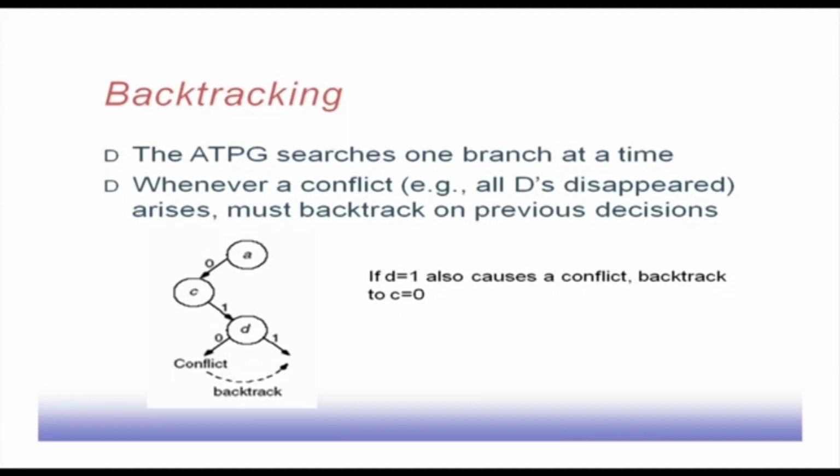So we can say that this particular path is not going to lead to any test pattern. We do a backtracking and come back here. Now, if we find that D equal to 1 also creates a problem, and there is also a conflict, then we will explore the path that comes from here with C equal to 0. In this way, backtracking and this branch and bound are going to help us in generating the test pattern set.